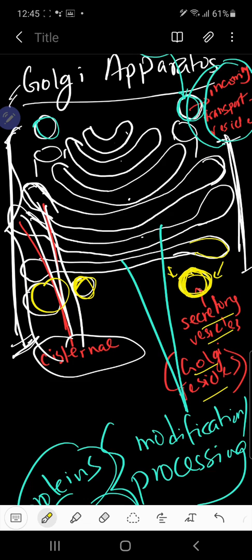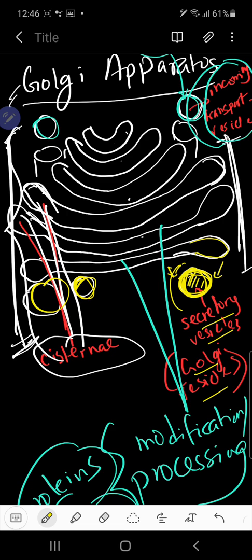These vesicles can form lysosomes, and they can contain different types of enzymes. These vesicles can either be secreted out of the cell through the cell membrane by the process of exocytosis, or they can be used for the synthesis of lysosomes.